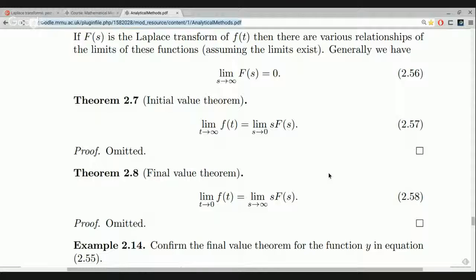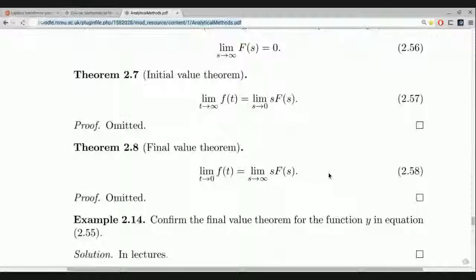And so we can check the final value theorem. So we can take the limit as s goes to infinity of s times y of s.